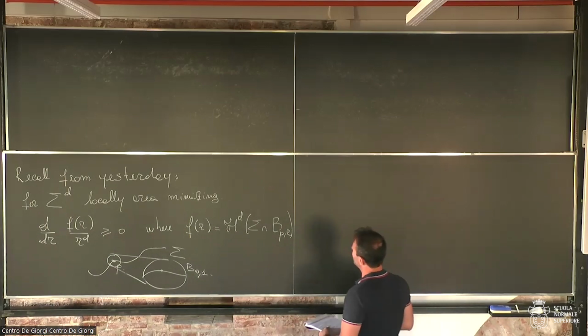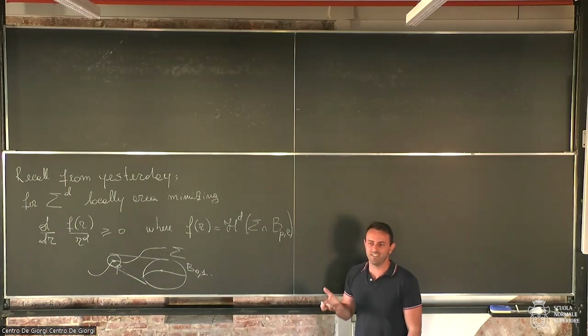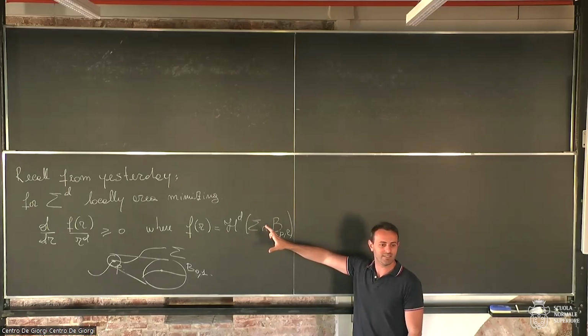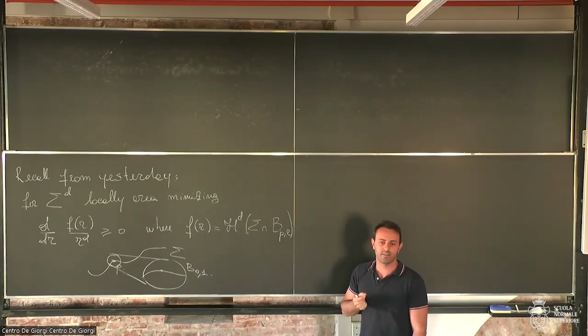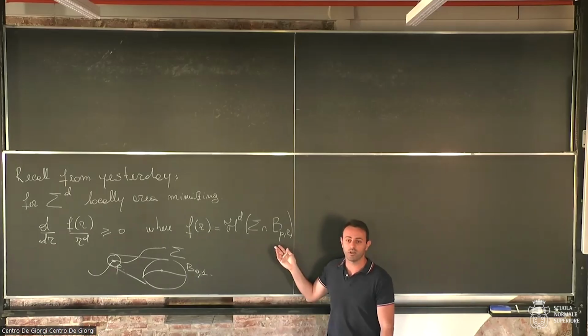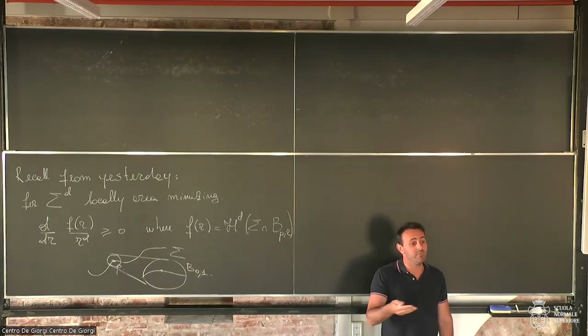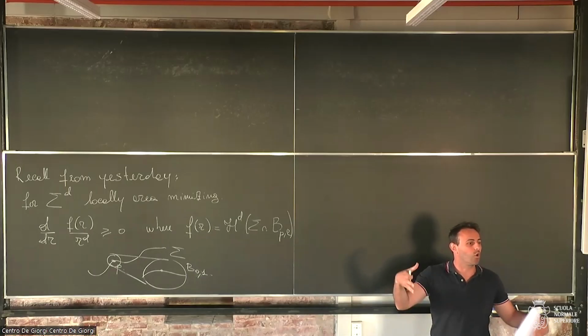And actually, the proof is more or less the one that I gave for local area minimizing. The difference is that since you are not allowed to use competitors for stationary varifolds, you have to take a vector field that mimics the cone competitor.